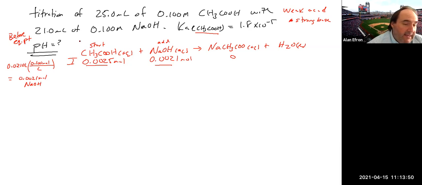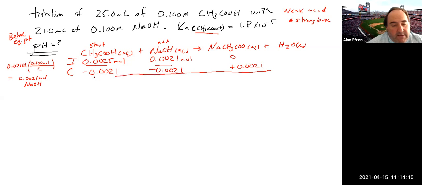That also helps me understand that since I'm before the equivalence point, whatever moles I'm adding should be the change part, right? And the change here then should be minus 0.0021, minus 0.0021, plus 0.0021, going to get us now 0.0025 minus 0.0021.